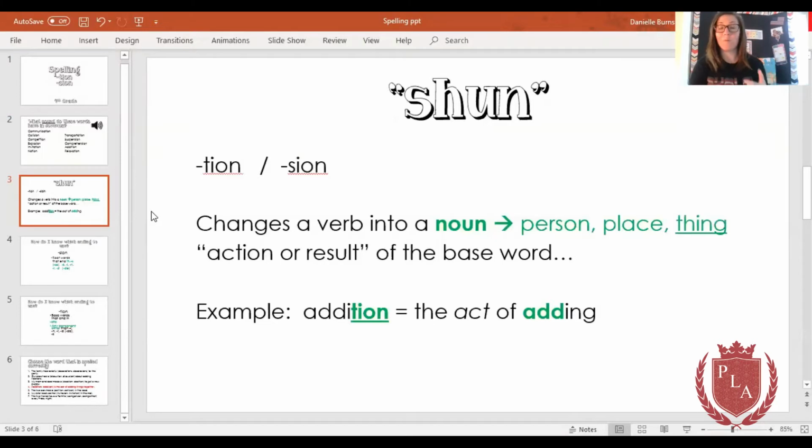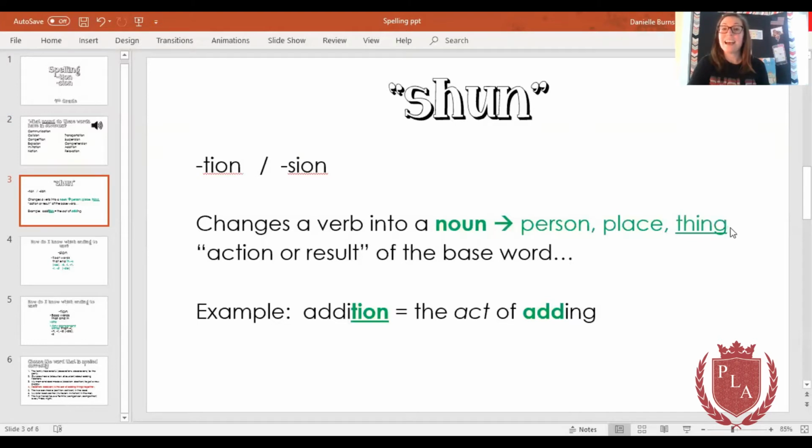First, let's look at what these suffixes, the end part of our word, do when we add these two endings. When we add the suffix tion and sion to a verb, which is an action, we actually change that word into a noun. I know you know what a noun is. What's a noun?